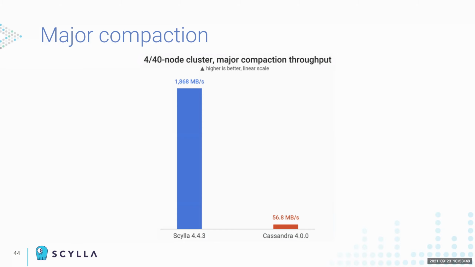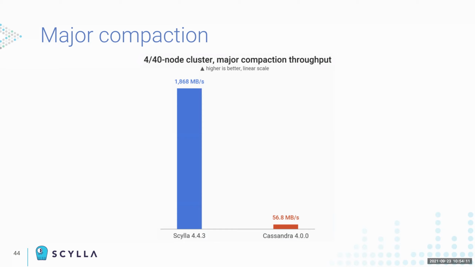And in the case of Cassandra and Scylla, the result of major compaction is that every read will only come to a single SSTable. So there's no difference between major compaction in Scylla and Cassandra. However, Scylla can utilize all cores because of its sharded architecture.